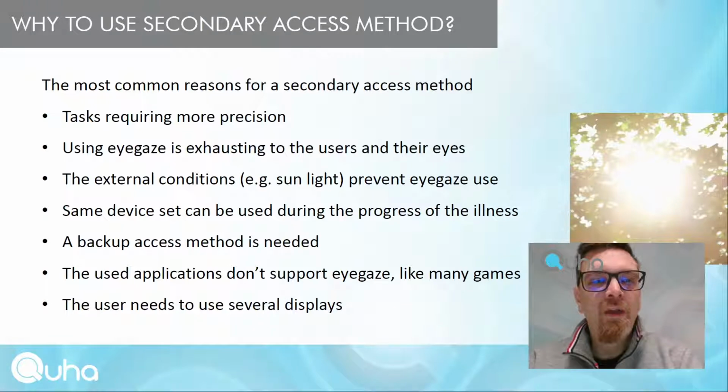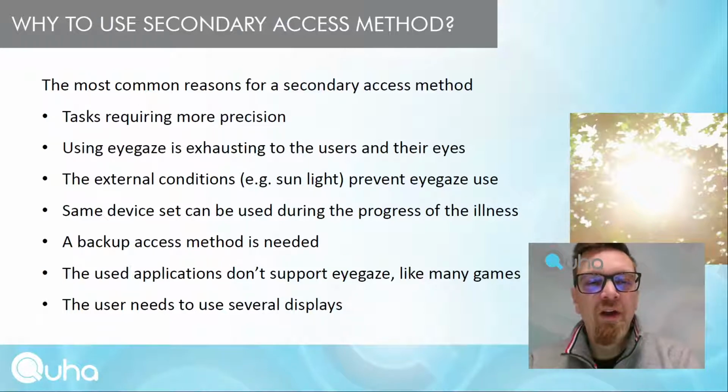Then, why use a secondary access method? There are several reasons, but these are the most common ones. Maybe the tasks that the user is doing require more precision. For example, if the user is using design software, this requires more precision than eyegaze can provide.